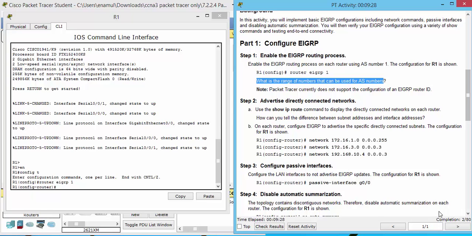It is required because it is possible to have more than one instance of EIGRP running on a network. Each instance of EIGRP can be configured to exchange routing updates for different networks.